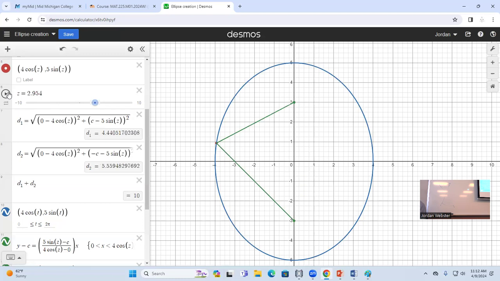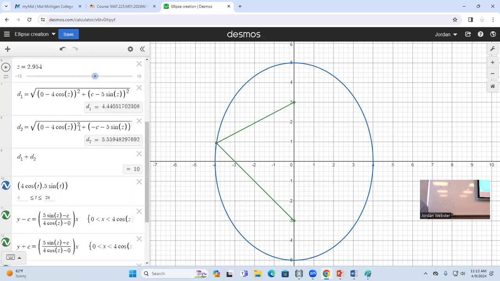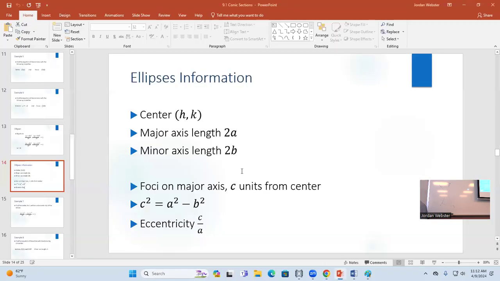In this case, it happens to be 10, but it doesn't always have to be a whole number or anything like that. I just made my life easier by using 25 and 16. So that's the interesting geometrical property about the ellipse. The sum of these two distances is constant.